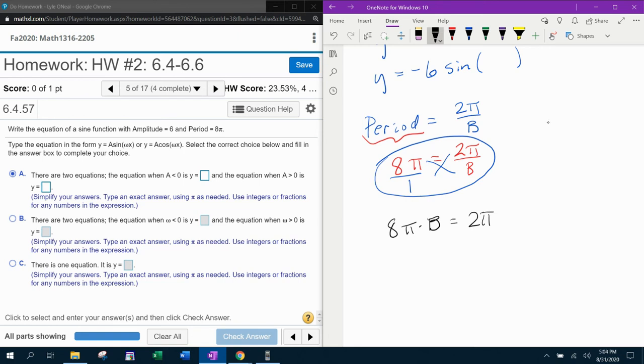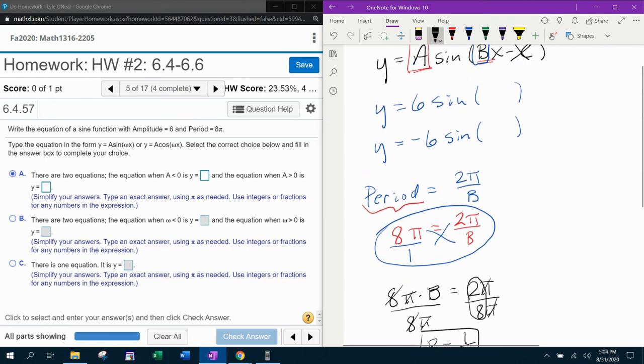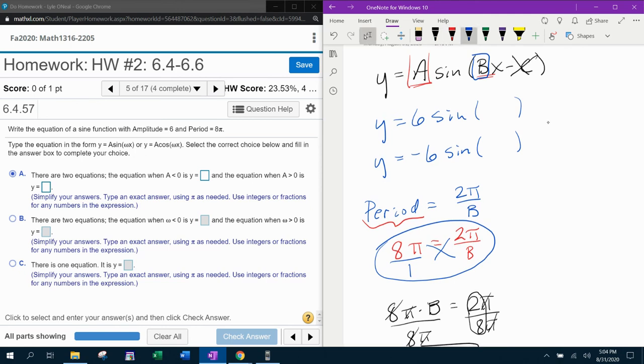And then if I want to solve for b, I'm going to divide both sides by 8 pi. That'll get the 8 and the pi to cancel, and that'll get the b by itself. And then on the other side, again, the pi's are going to cancel. 8 over 2 reduces to 1/4. And so that tells us that our value for b has to be 1/4.